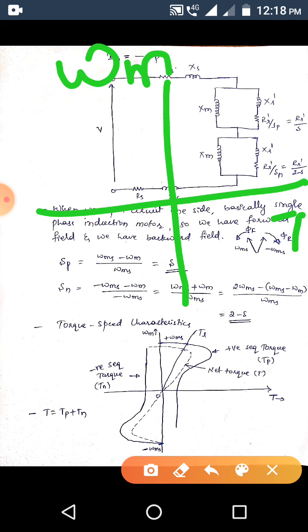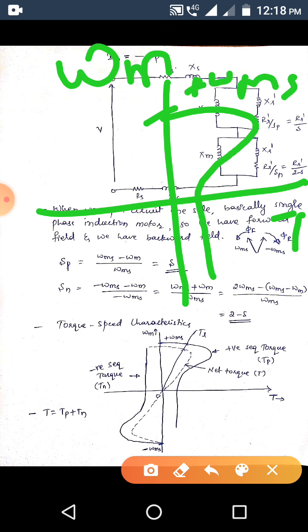So we have the forward sequence torque with the forward synchronous speed, plus ωms, or no load speed here. If we change the supply voltage in reverse, it becomes minus ωms, that is the negative synchronous speed, that will be like this.